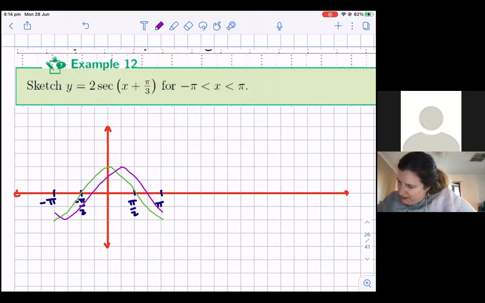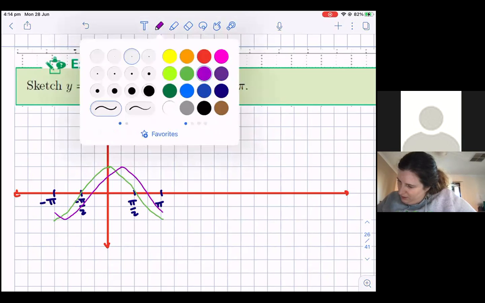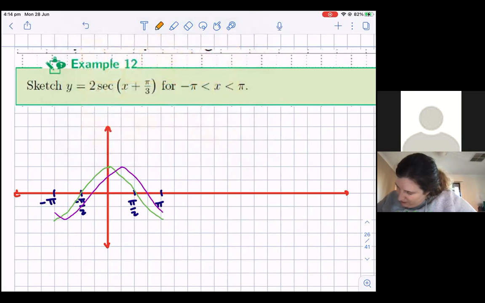So it's going to look kind of like that instead. But because we're doing sec, we have to realize that whenever this comes out as 0, we're trying to do 1 on that.